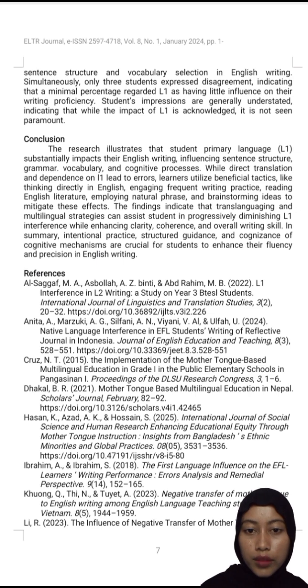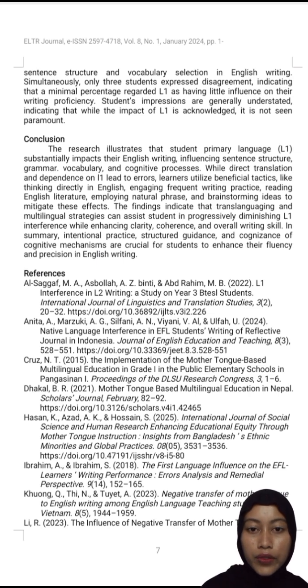Reading this article made me reflect on how these strategies could be applied in real classrooms. For example, how can teachers balance first language support and second language immersion? I also wondered how students at different proficiency levels respond to translanguaging and what role cultural and regional references play in their writing mistakes.